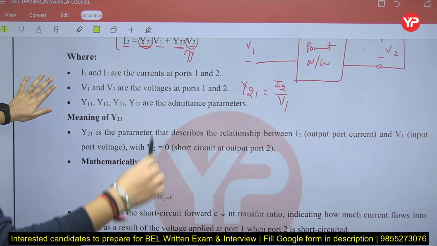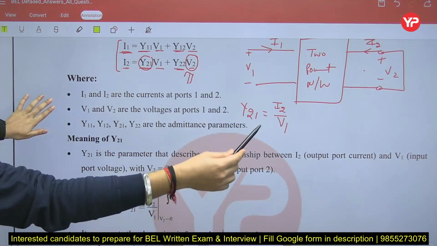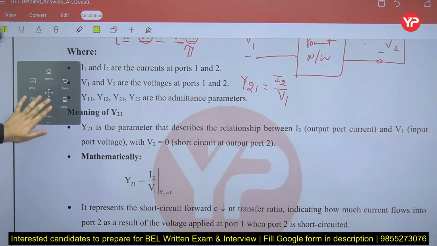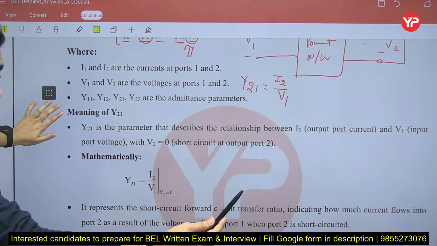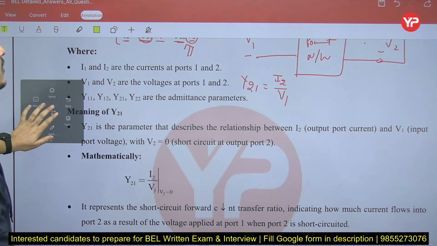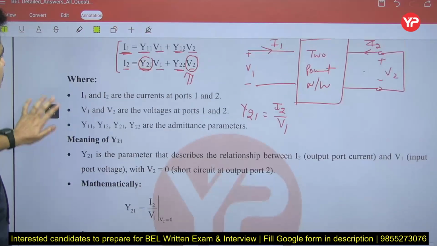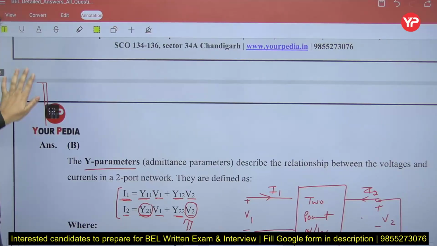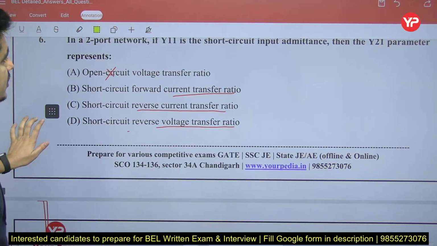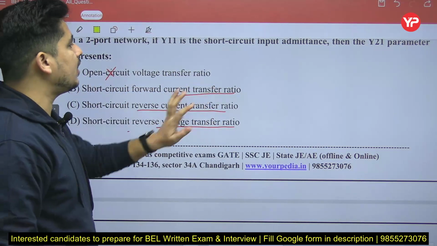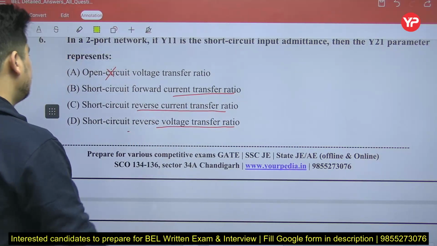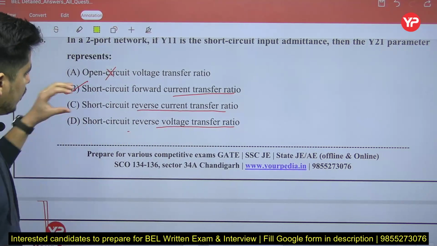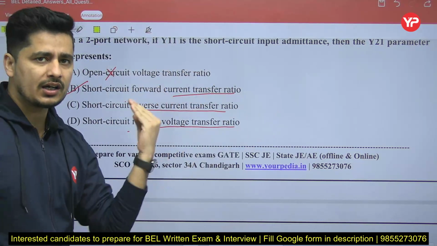This is the current of the output terminal and the voltage of the input terminal. So it will be the ratio of what? Short circuited forward current transfer ratio. That is called short circuited forward current transfer ratio.